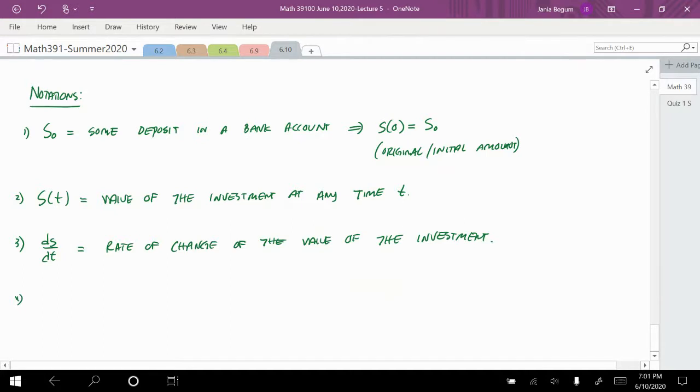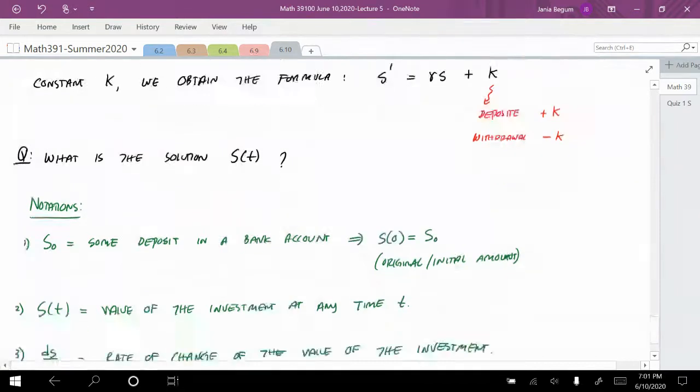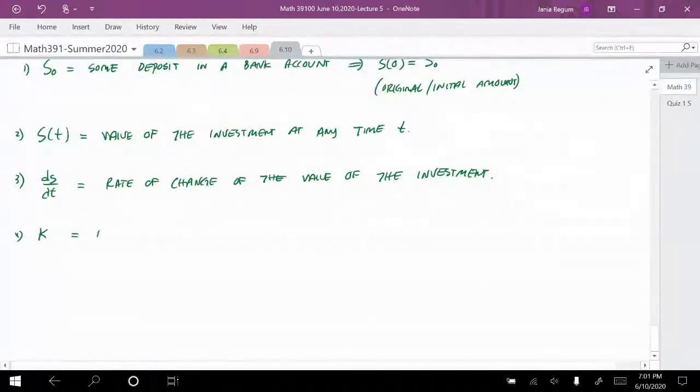And fourth, we should know what K is, right? K, we mentioned, is a fixed constant. It will vary: if you're making a deposit, it's positive; if you're making a withdrawal, it'll be negative. So K will depend, but it's just a fixed constant.